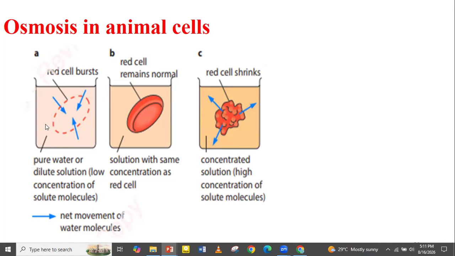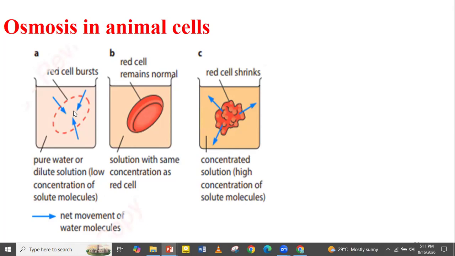Now, when you place it into a solution of pure water, whenever you hear the word pure water or dilute, just know that that solution has a higher water potential than the cytoplasm of the cell that has been inserted into it. So obviously, water molecules will move from this solution into the cell.